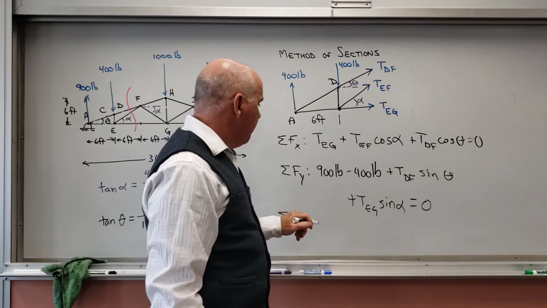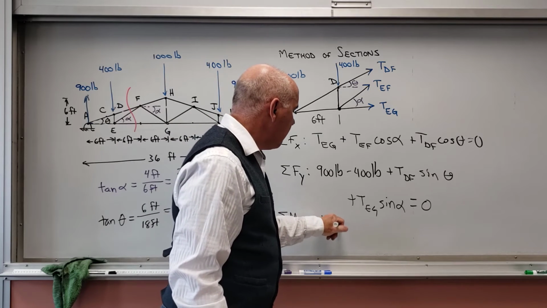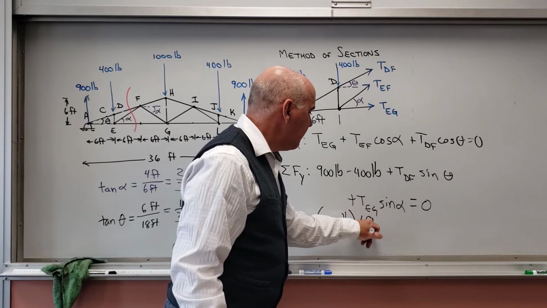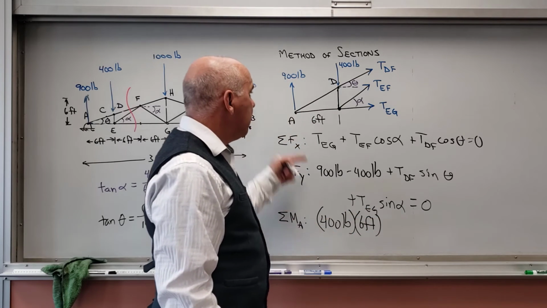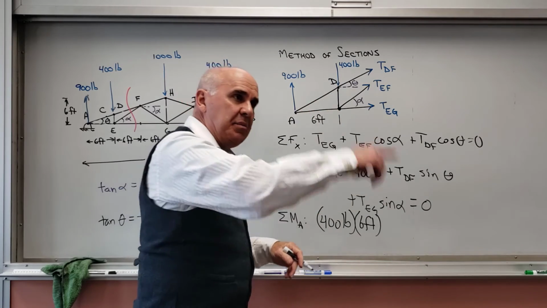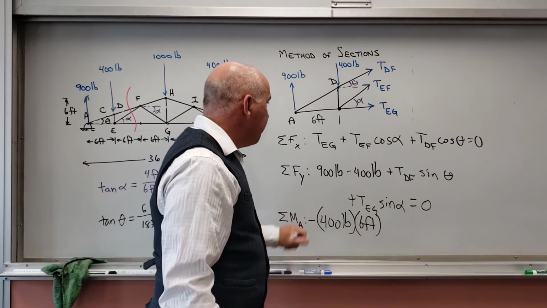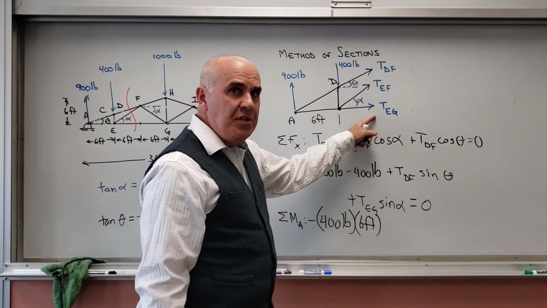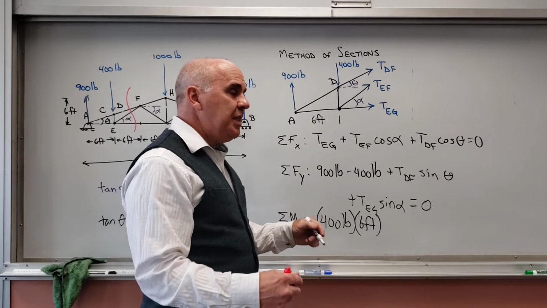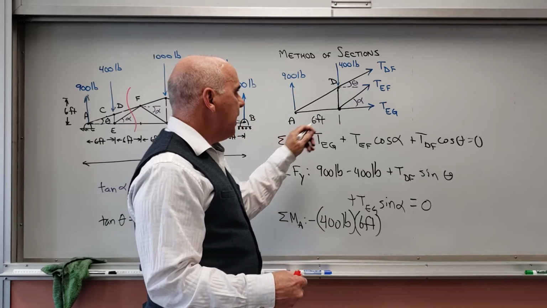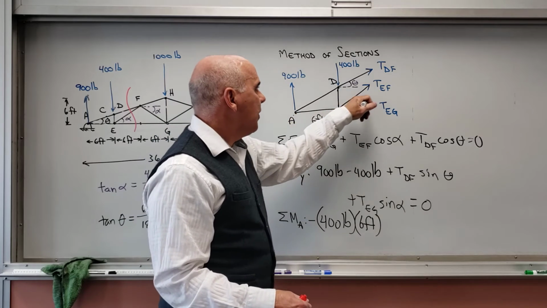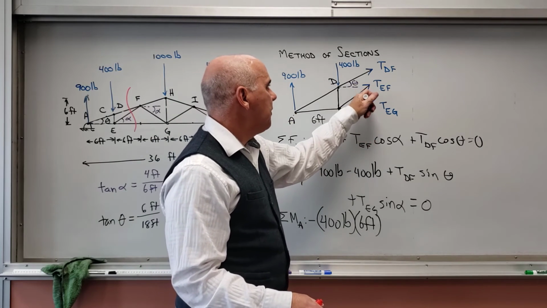So that's going to be 400 pounds times 6 feet, the perpendicular distance, and that's going to be clockwise, so that's negative. And then TEG, no moment. TDF, no moment. Then TEF: there's a component along the line of action that goes through A, so I only want the component in the upward direction.